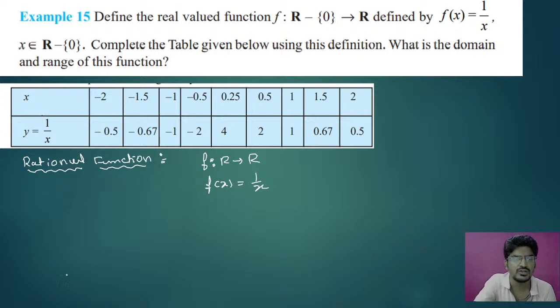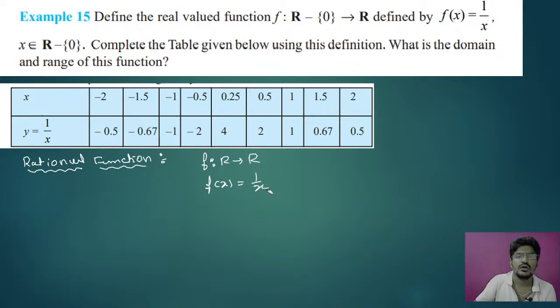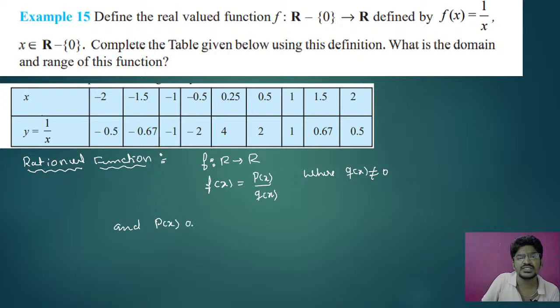Sorry, f of x is equal to not 1 by x, f of x is equal to p of x divided by q of x, where q of x is not equal to 0, and p of x and q of x are polynomials.